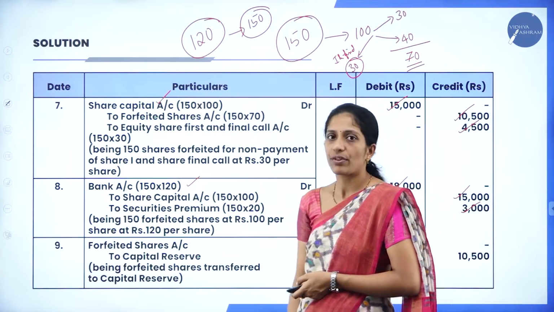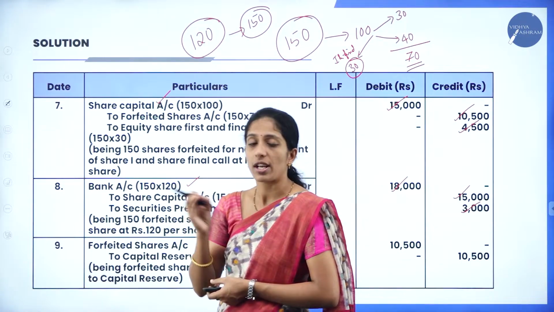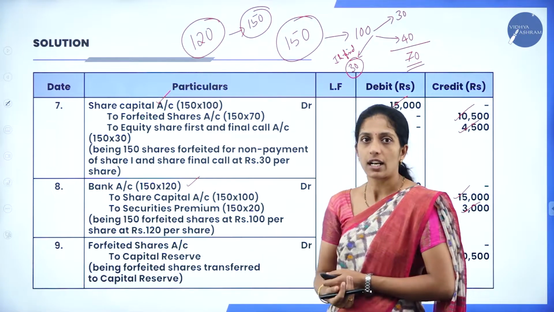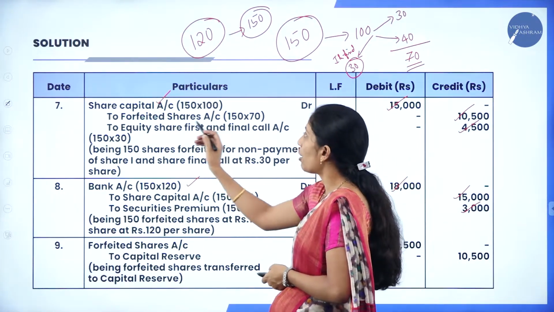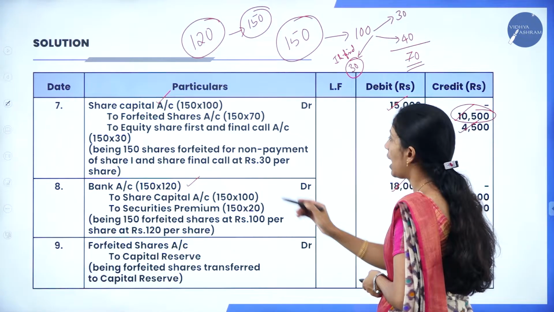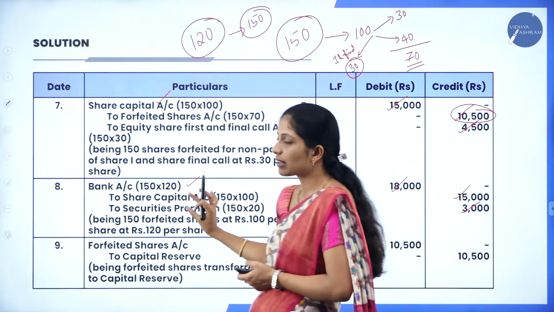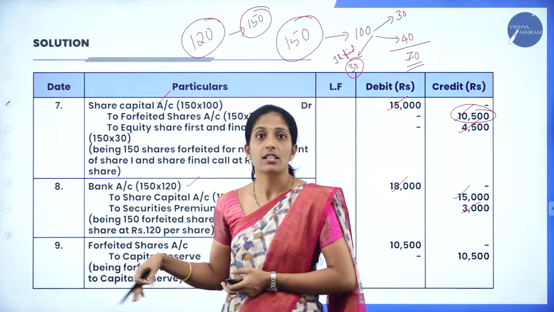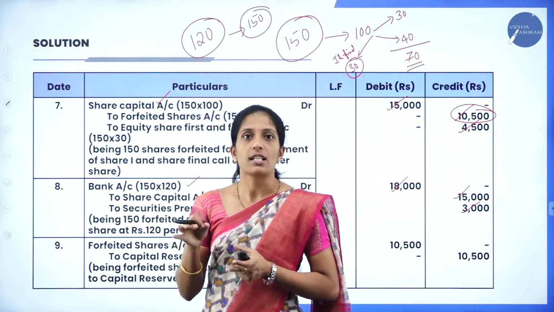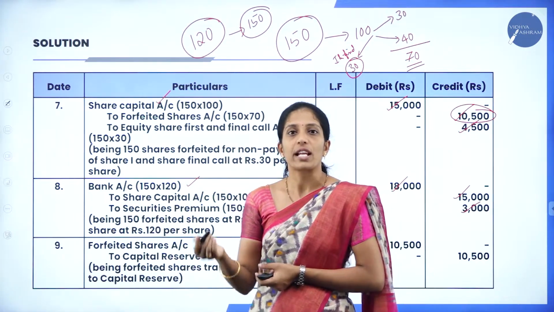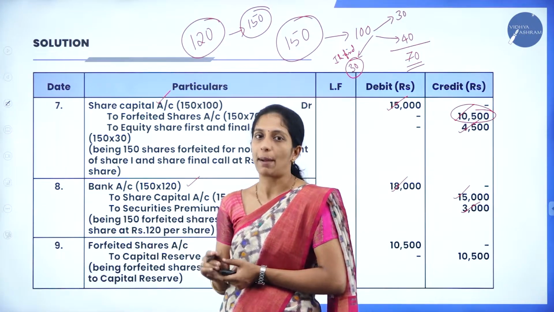The last entry is for what? Transfer of forfeited shares to capital reserve. So your entry will be forfeited shares account debit to capital reserve. Now how much is there in forfeited shares account here? 10,500. And here we don't have anything, because the reissue is not done at discount. It is reissued at premium. Suppose it is done at discount, then we should write bank account debit, forfeited shares account debit to share capital account.